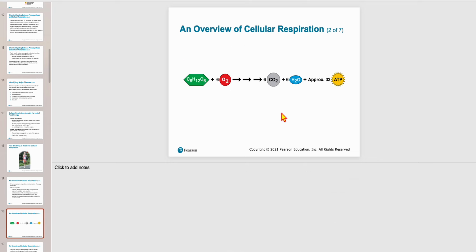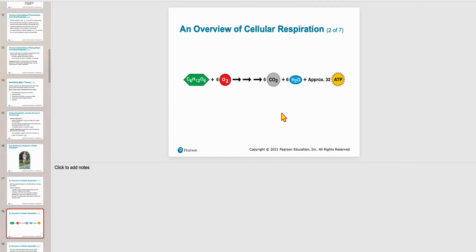Okay, this formula you do need to memorize. Now it says C6H12O6. That is the formula for glucose. Remember the hexagon shape that I mentioned in a previous chapter.